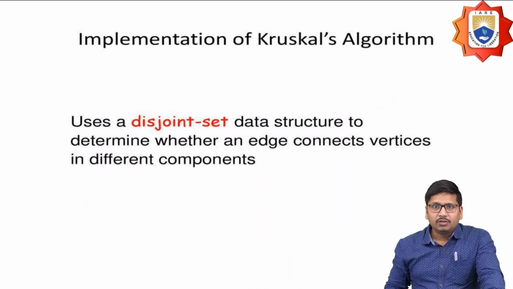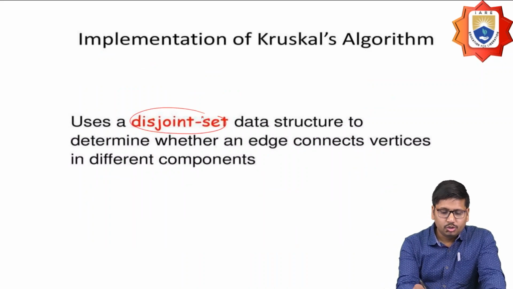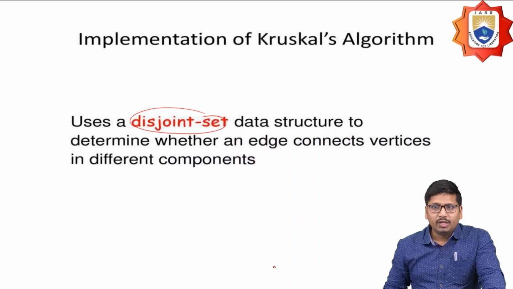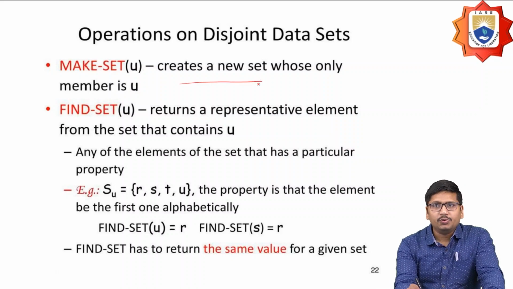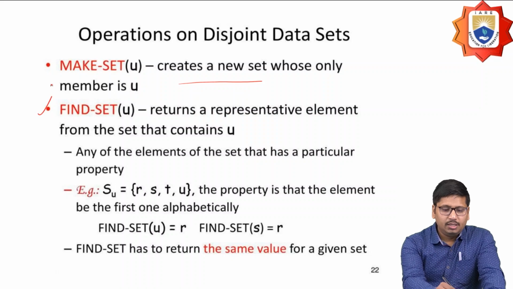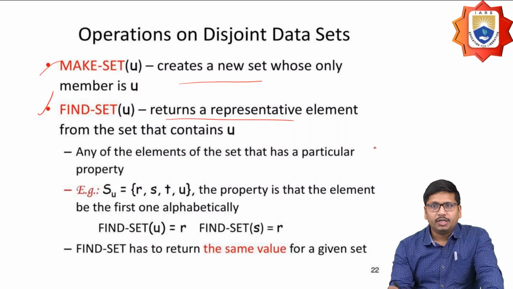The implementation of Kruskal's algorithm uses the disjoint set data structure to determine whether an edge connects vertices in different components or not. This disjoint set data structure is the heart of Kruskal's algorithm. The operations on disjoint sets are: make-set of u, which creates a new set whose only member is u; and find-set of u, which returns a representative element from the set that contains u.